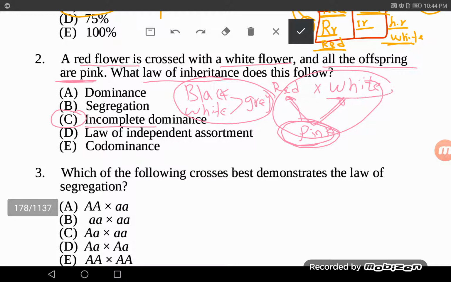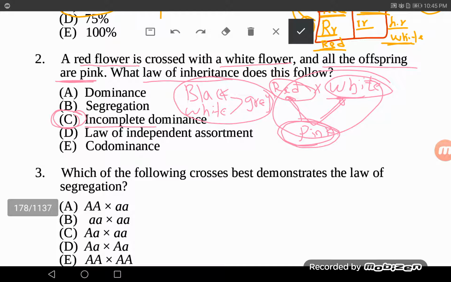It's not completely white, it's not completely red, it's incomplete for both of them. It's a phenotype between these two colors, which is pink. So in case of incomplete dominance, the flower or the phenotype will be neither red nor white.